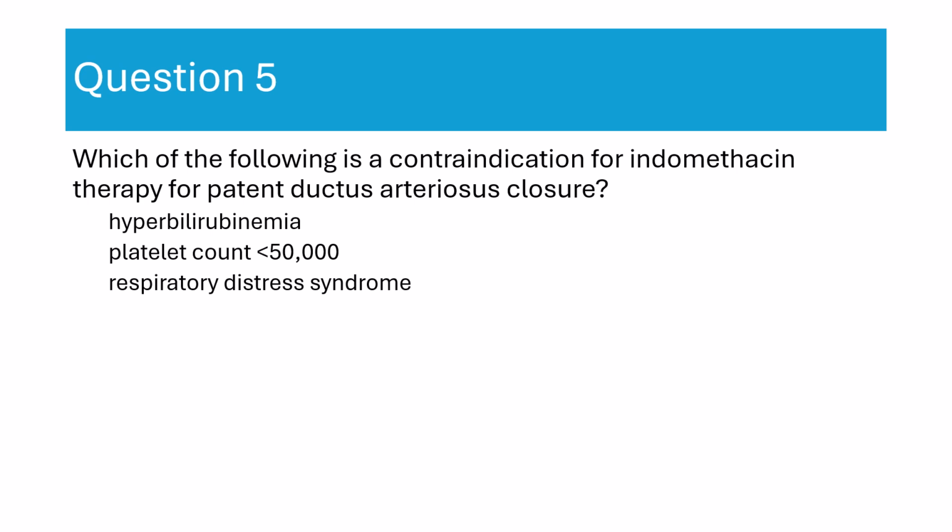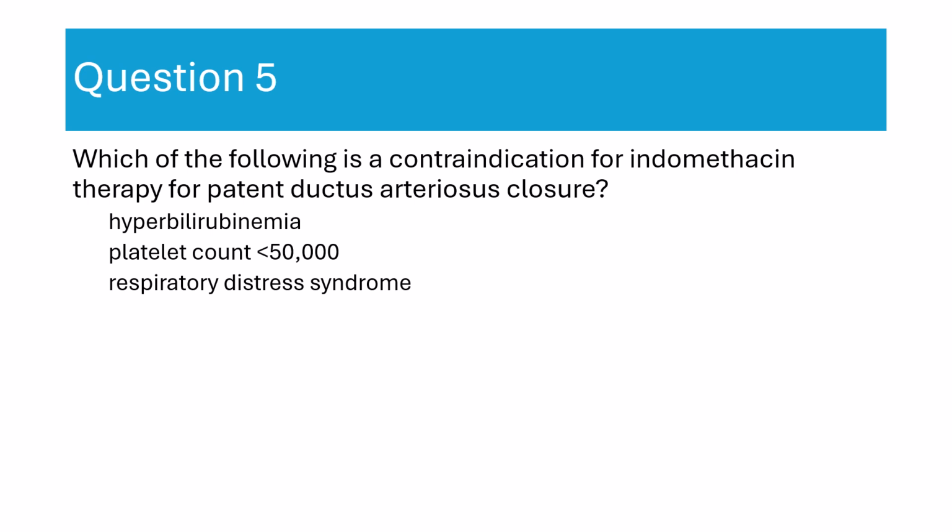Which of the following is a contraindication for Indomethacin therapy for patent ductus arteriosus closure? Hyperbilirubinemia, platelet count less than 50,000, respiratory distress syndrome. The correct choice is platelet count less than 50,000. This question is testing your knowledge of contraindications for PDA pharmacological management with Indomethacin.